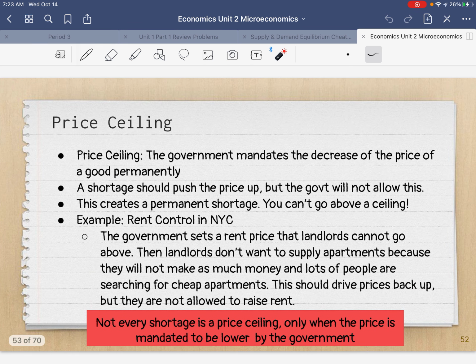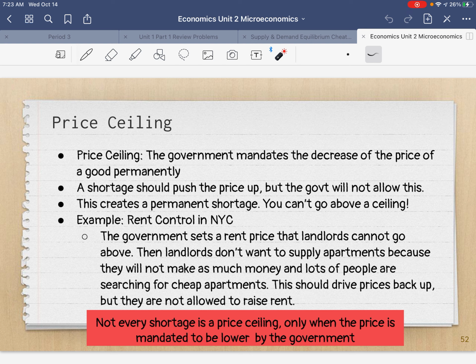So price ceiling is very similar, but it's different because it's not just the price randomly going up or randomly going down. It is the government mandating a price. So this is a definition you need to know. Price ceiling: the government mandates the decrease of a price of a good permanently. So this is government interference in a way that changes our supply and demand graph, okay?